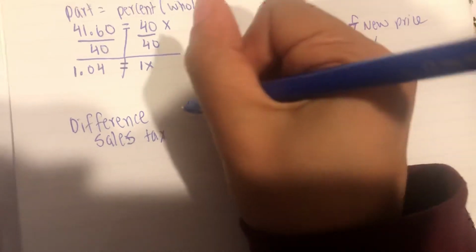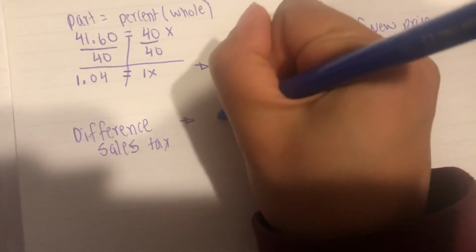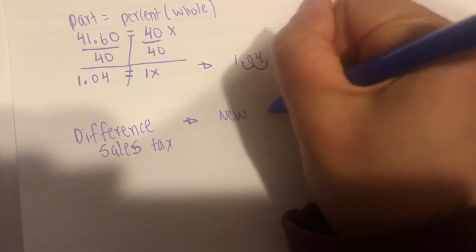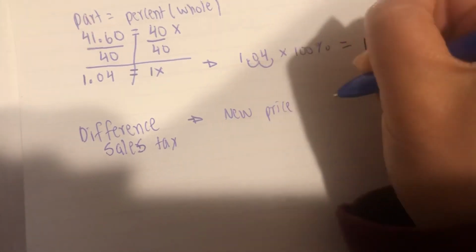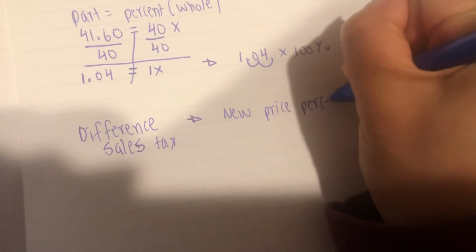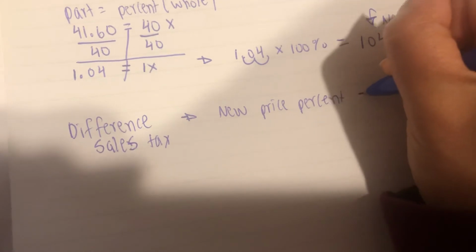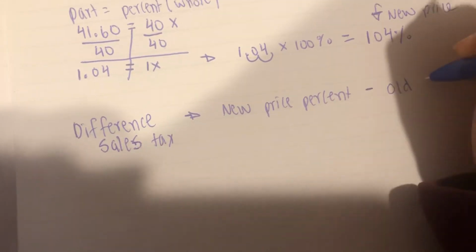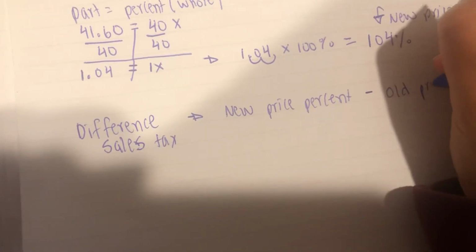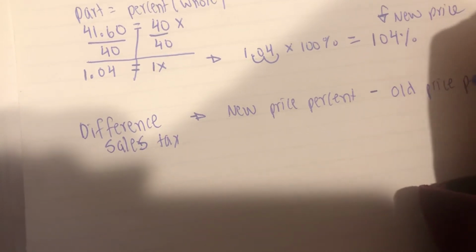So if you want to find the difference, we know that it's the new price percent minus the old price percent, which we already know is 100.